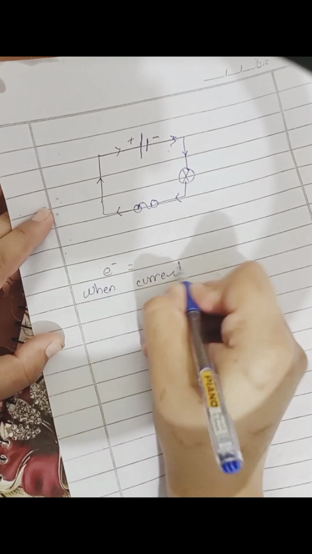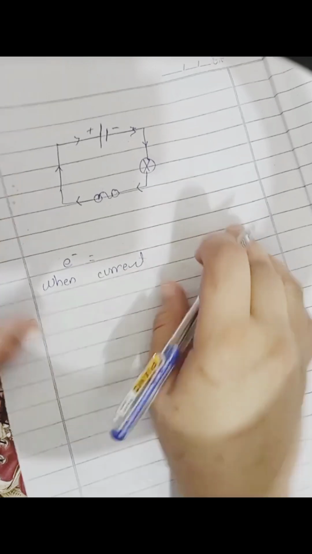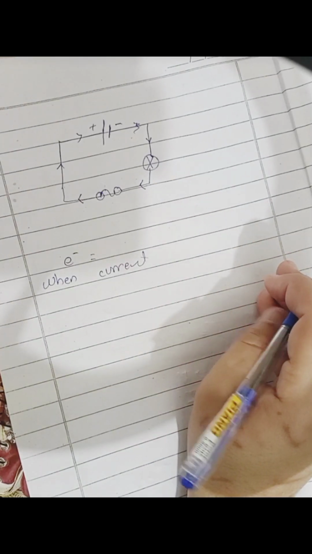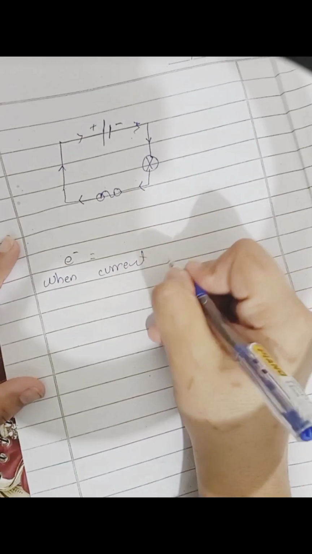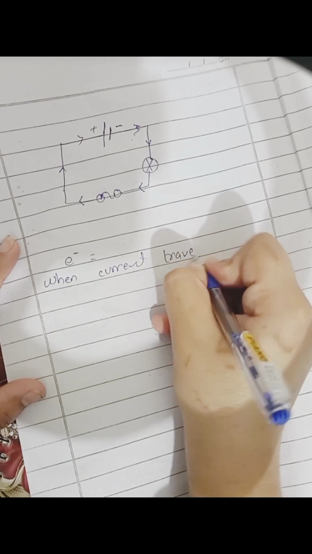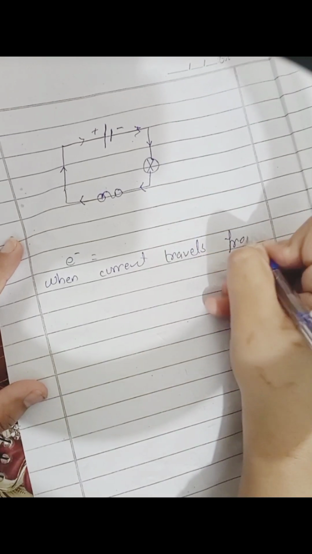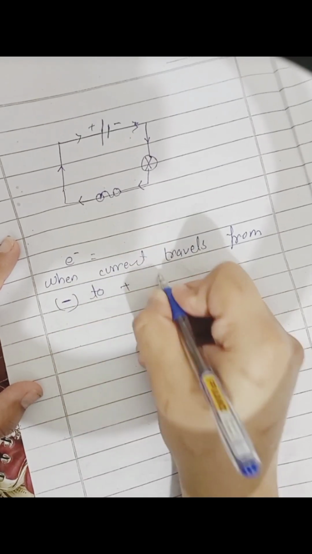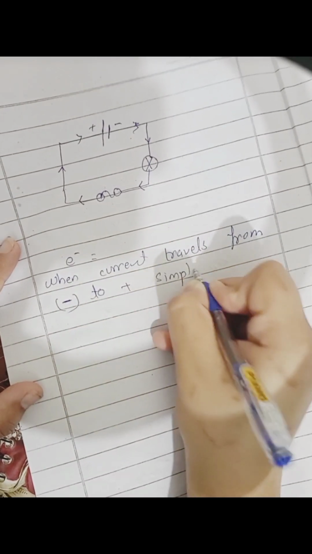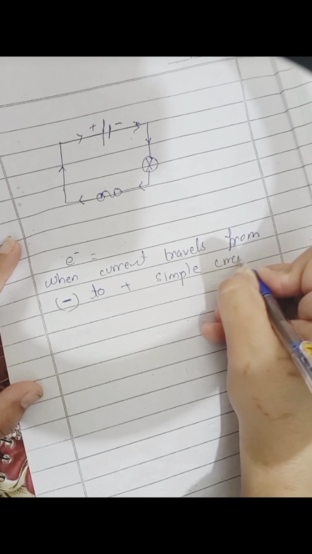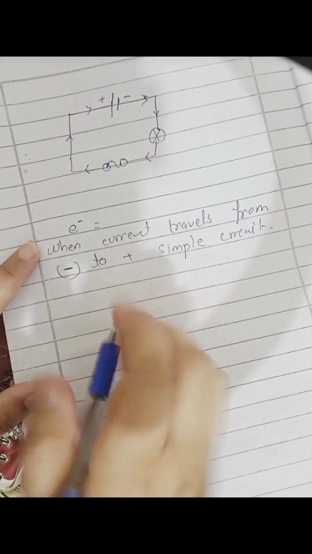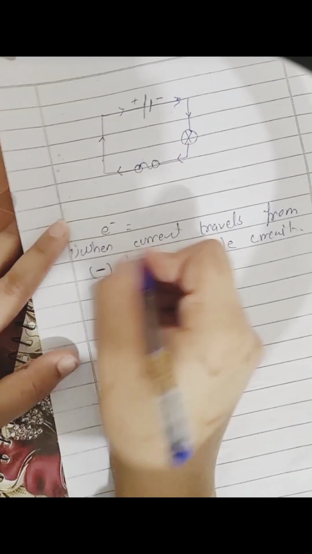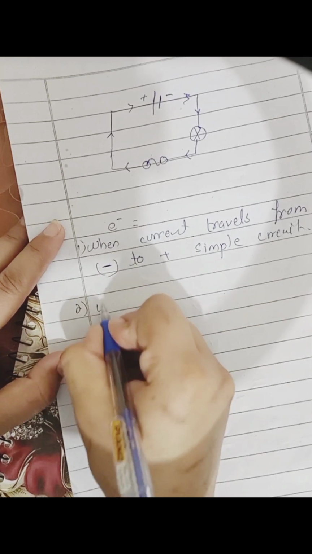Now after the lecture, you just have to understand this. We have two types of current in the circuit. When current travels from negative to positive, this is a simple current. This is the first type, and this is the second type.